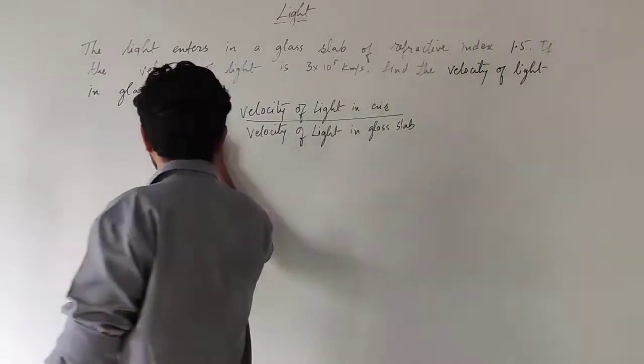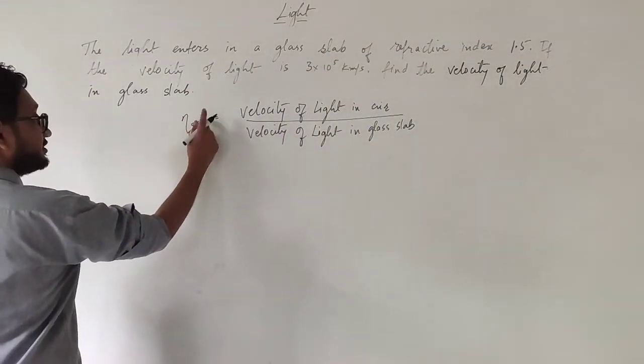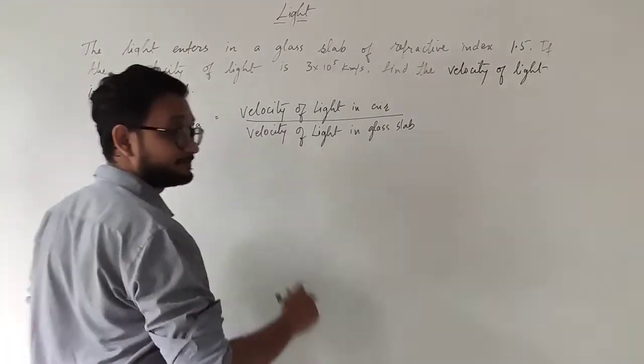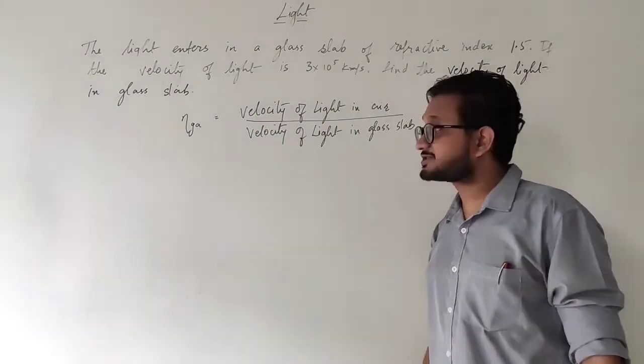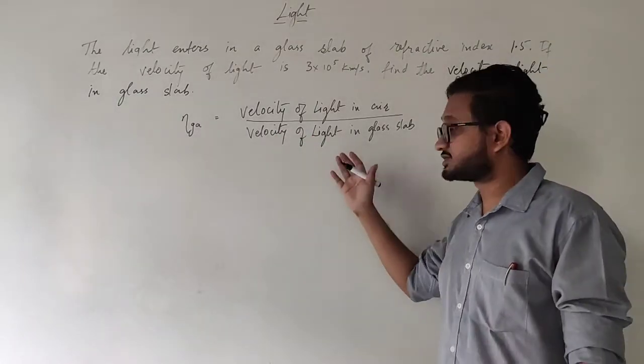So I can write over here velocity of light in glass slab with respect to air. Not just mention 2 and 1 in this way.